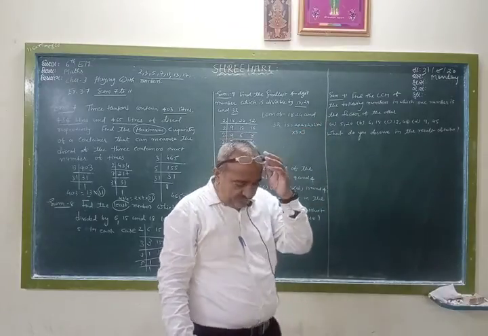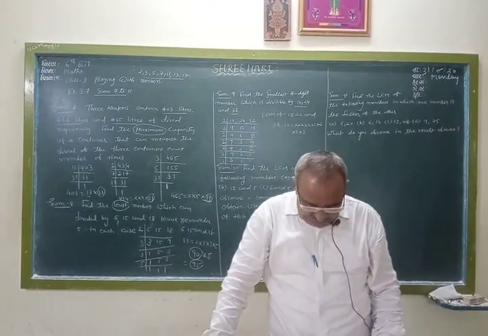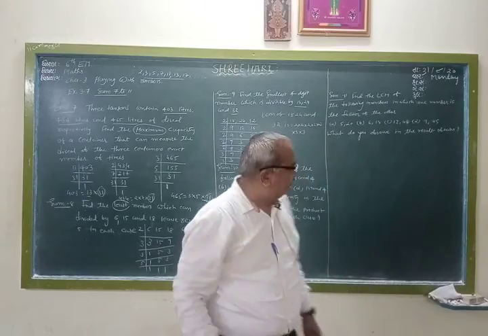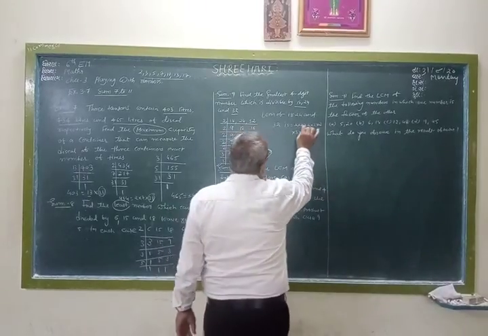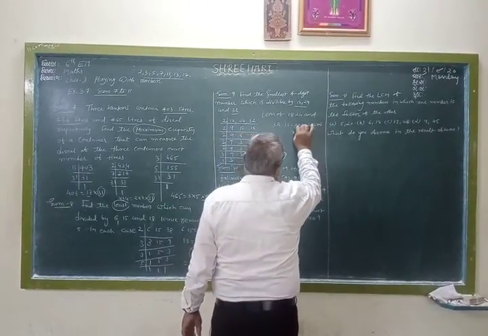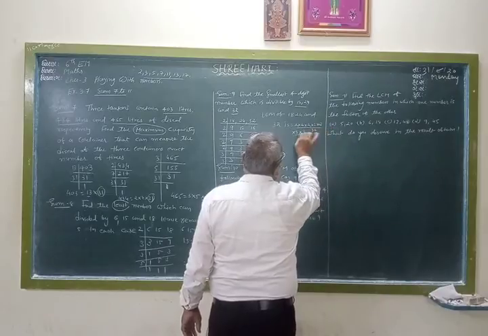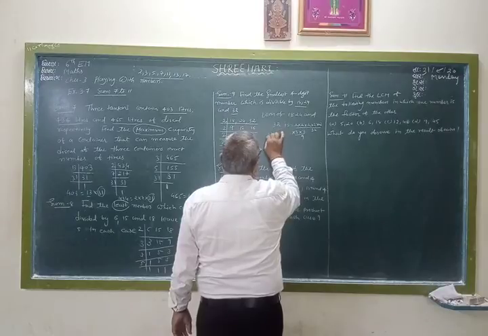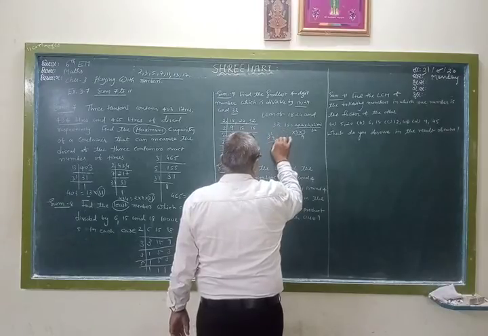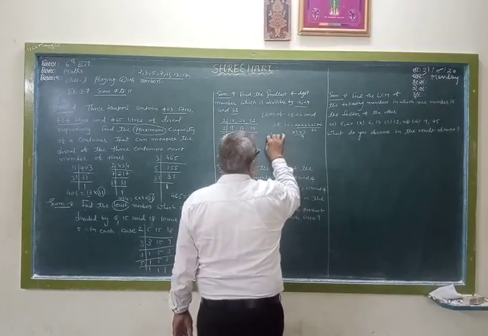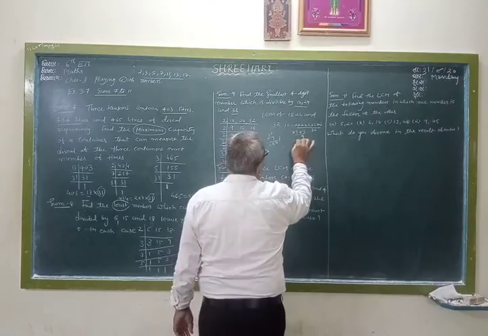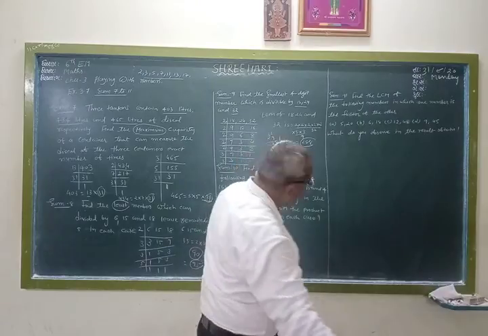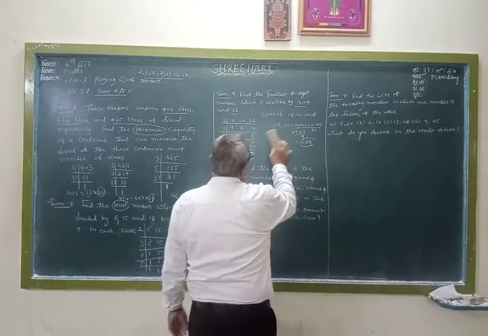Now this is the factor total. 2 times 2 is 4, 2 times is 8, 2 times is 16, 32. 32 and 9. 32 into 9: 2 times 9 is 18, carry 1, 3 times 9 is 27 and 1 is 28. So 288 is the LCM.